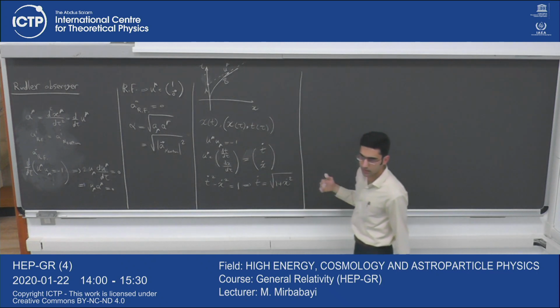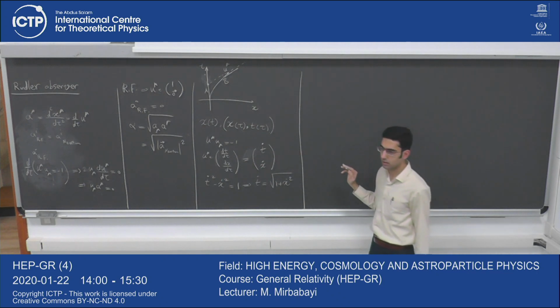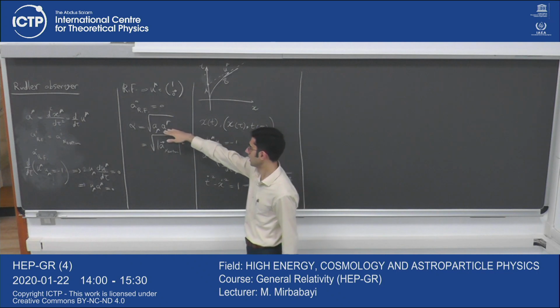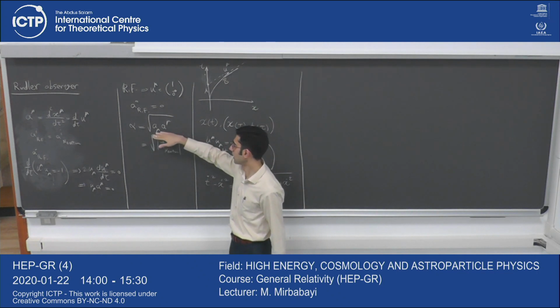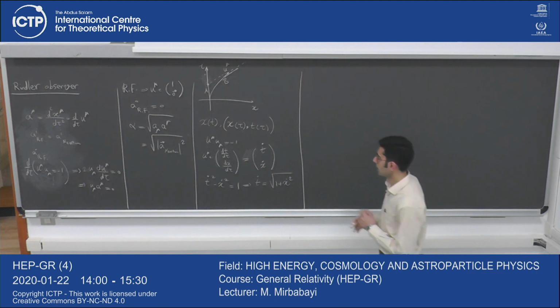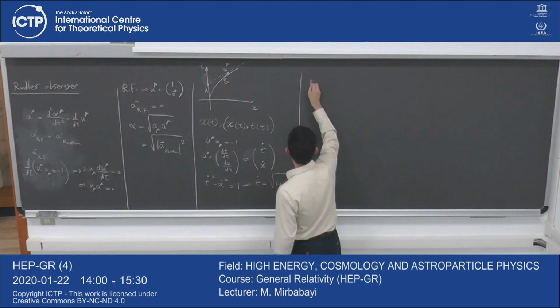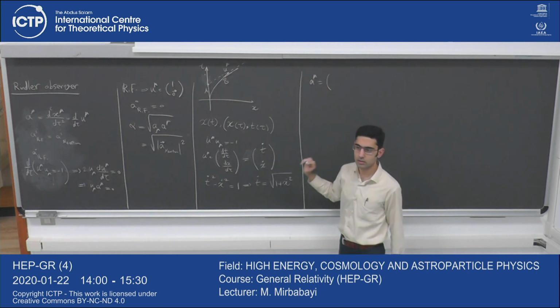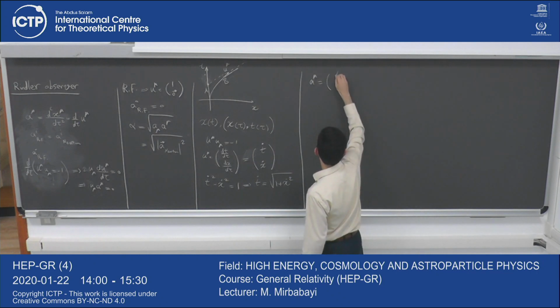Now we should use the fact that this is an accelerating observer. So what is the definition of having an accelerating observer? Our definition is that this object, the proper acceleration, has to be a constant. So we consider the proper acceleration, a mu, just take another derivative of this quantity, so it will be t double dot and x double dot.